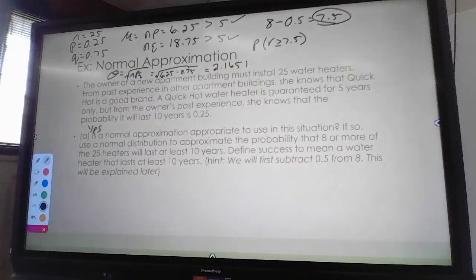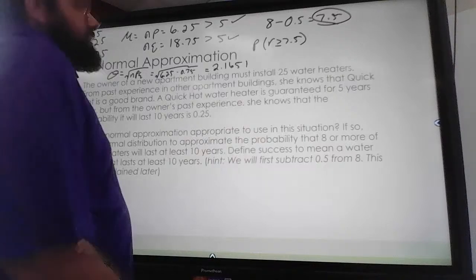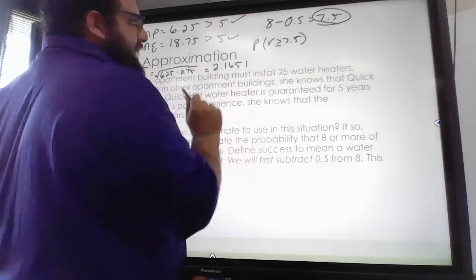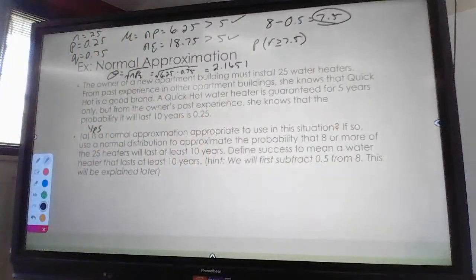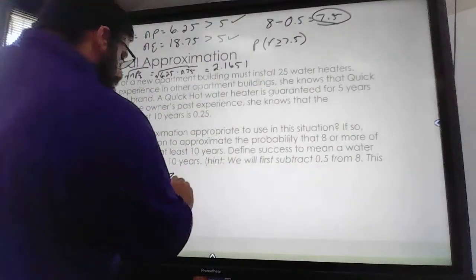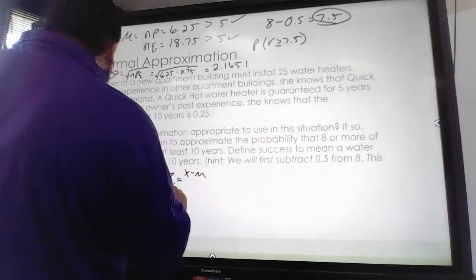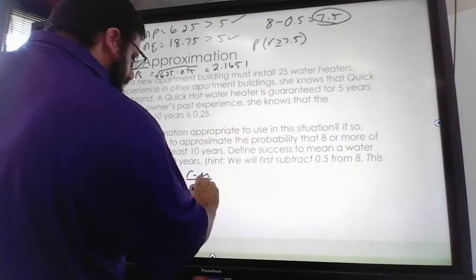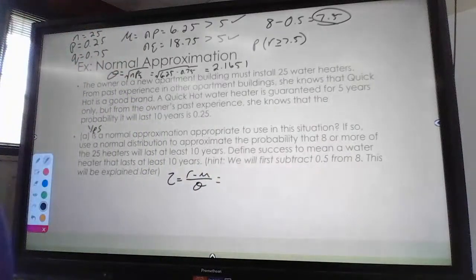All right, so we're going to use a normal approximation here, which means I need to find the z-score pertaining to this. Also, this is a greater than case. So first I'm going to find the less than case, and then subtract it from 1. My z-score is x minus the mean, or in this case r minus the mean, divided by the standard deviation.